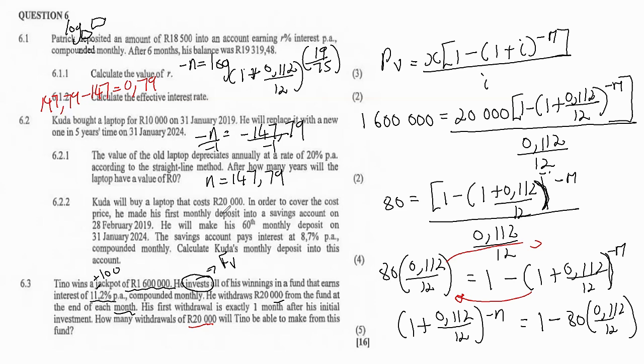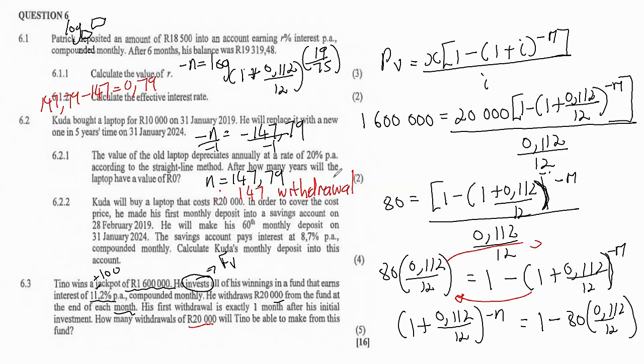So I stand to be corrected if I got it wrong, but then it's somewhere closer to that or exactly that. So, okay, in conclusion here, what we are supposed to say is that he will make 147 withdrawals. So he will only be able to make 147 withdrawals of the 20,000. It's not 148. You don't say, but it's saying 0.79. Why don't we round off to 148?